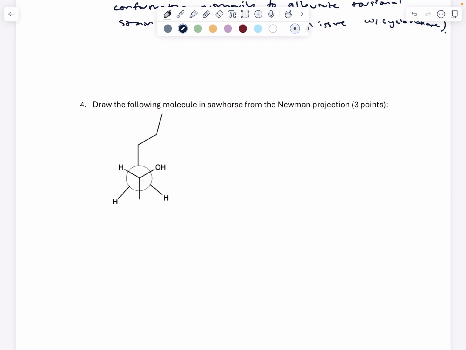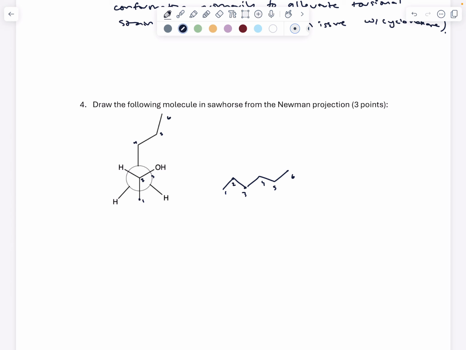Okay, draw the following molecule in a sawhorse from the Newman projection. All right, so I like to do this by saying we have 1, 2, 3, 4, 5, 6 carbons.